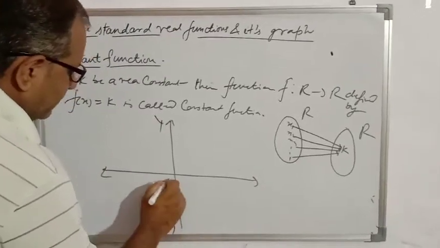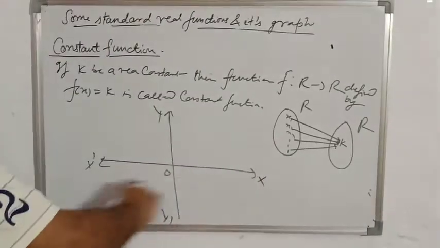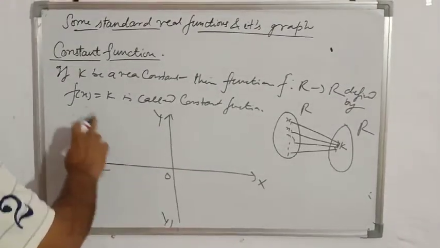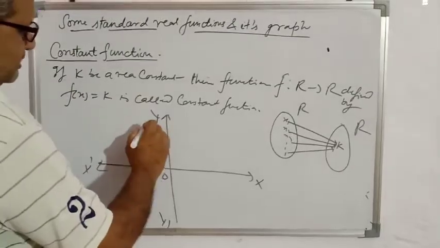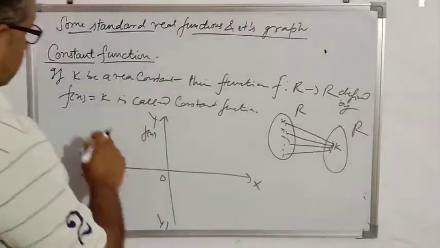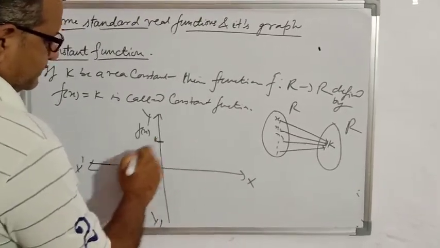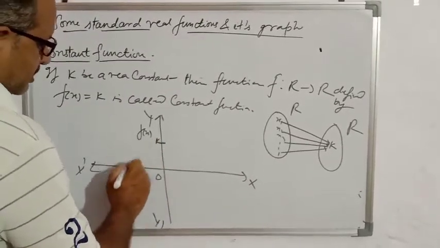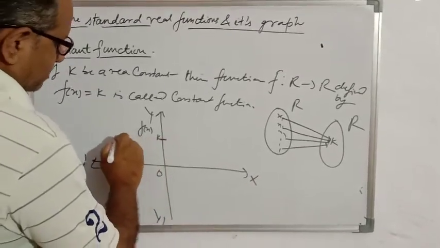On the x-axis we take the real numbers of the domain. On the y-axis we take f(x), meaning the image. So f(x) is equal to the constant k. Suppose this is k. For every value of x, f(x) is the same constant k.